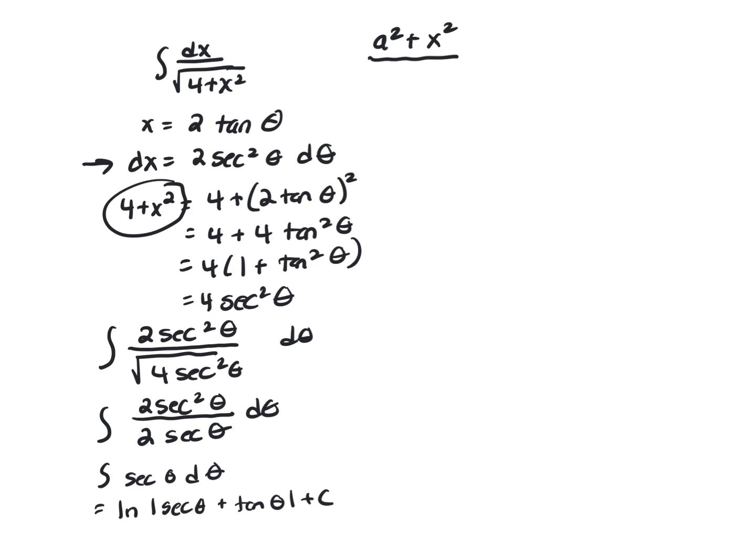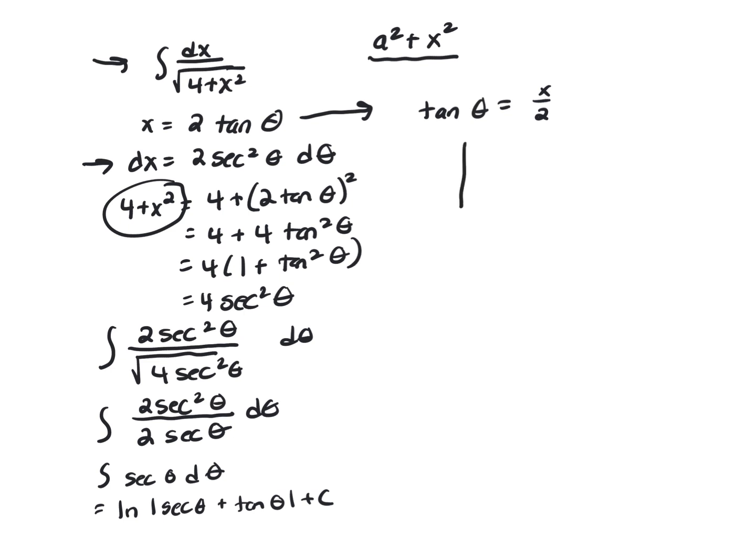Now, this answer is in terms of theta. Our original integral is in terms of x. So we need to draw a triangle and change our x's to thetas. So we knew here that x equals 2 tangent theta. Solve that for tangent theta, and that will give me tangent theta equals x divided by 2.